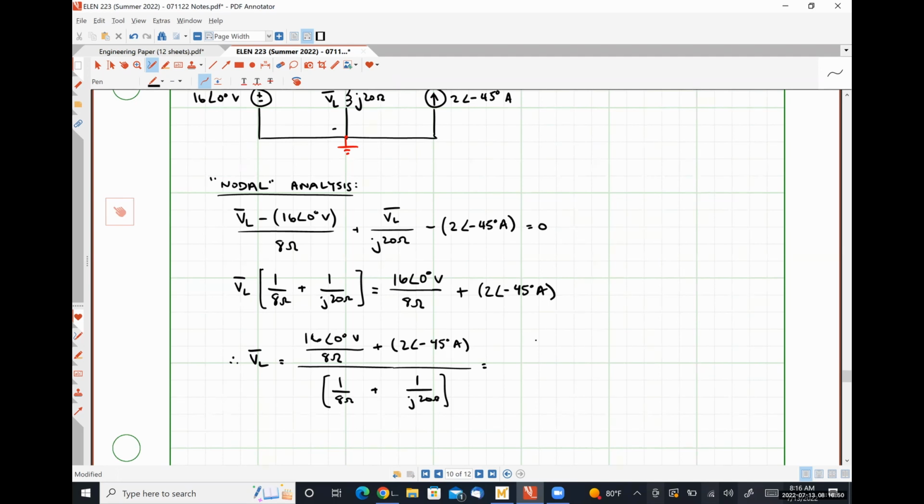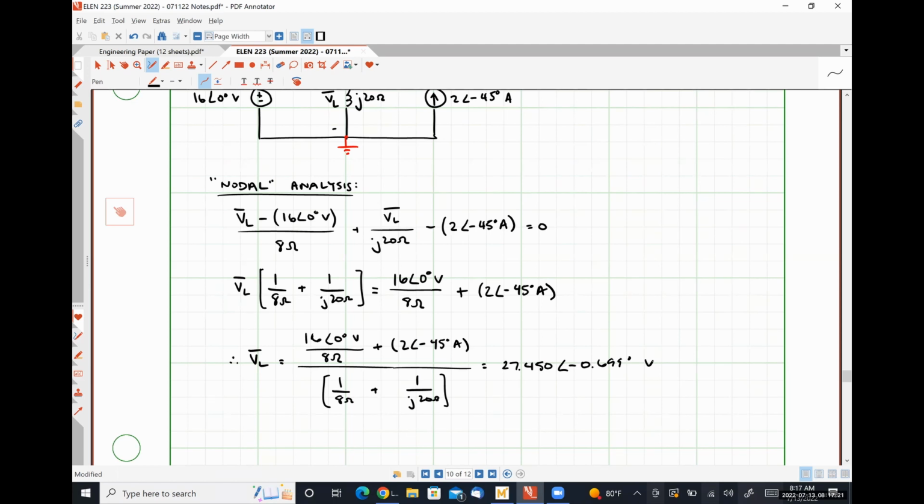All of this over 1 over 8 plus 1 over 20 I. And we get 27.450 angle of negative 0.699 degrees.